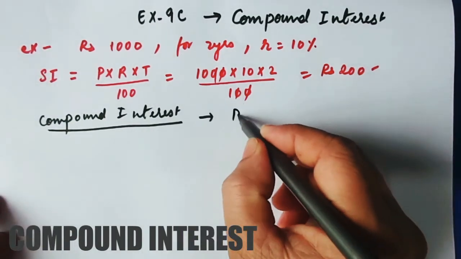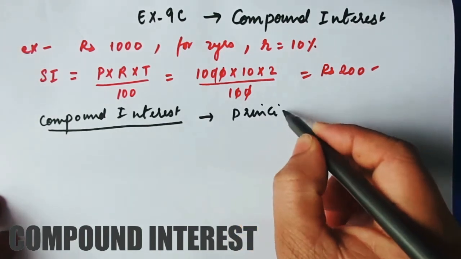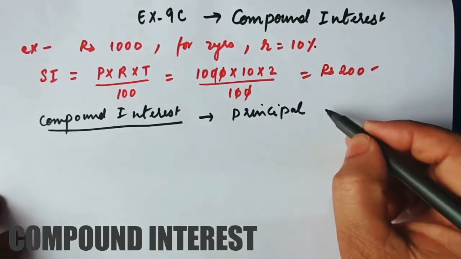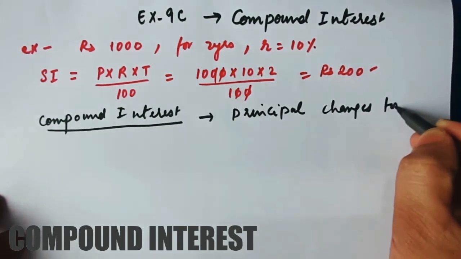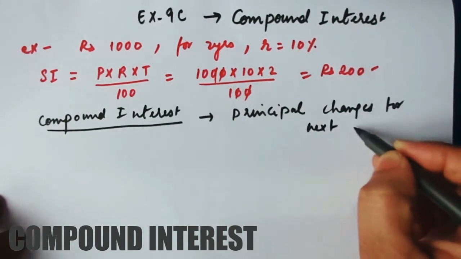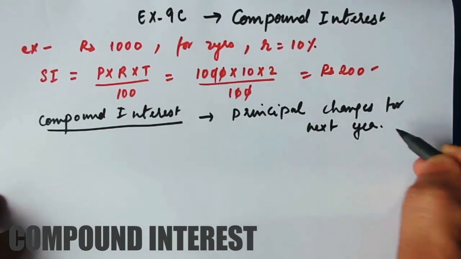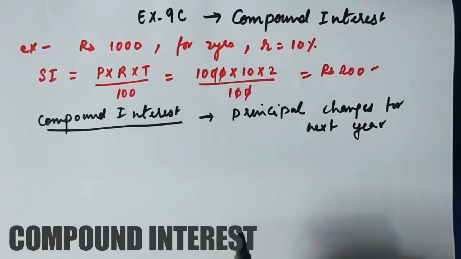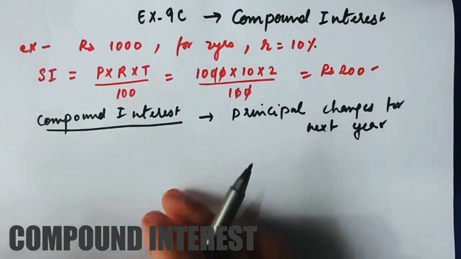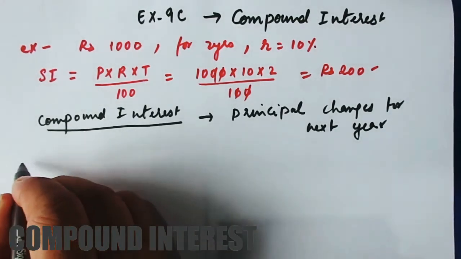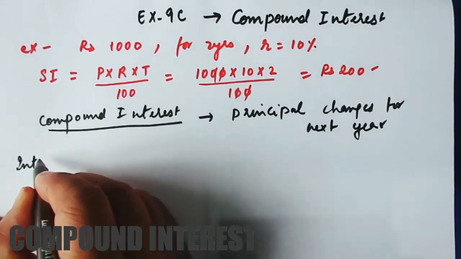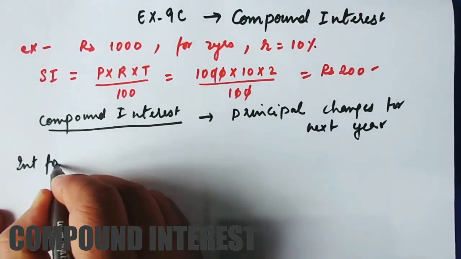It keeps on changing for the next year. Try to understand this. Now have a look. First I shall be using the simple interest method only. So one by one let us find out the interest for the first year.